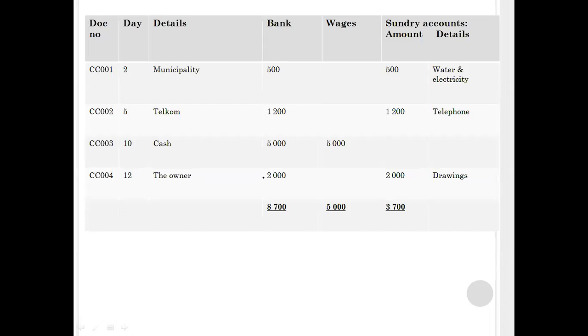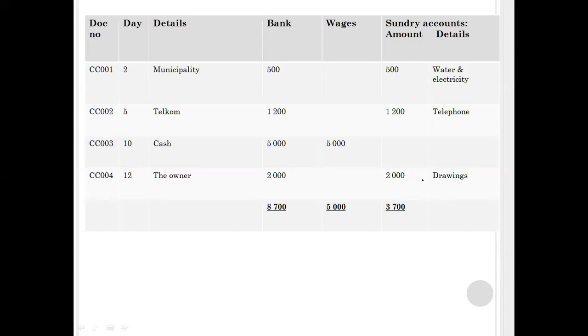The amount is 2,000 Rand, still going off from the bank account. And as I said, when the owner withdraws or takes things for his own personal use, we call it drawings. Drawings is the correct name of the account. And there's not a drawings column there at the top, so therefore you will take it to sundry accounts.